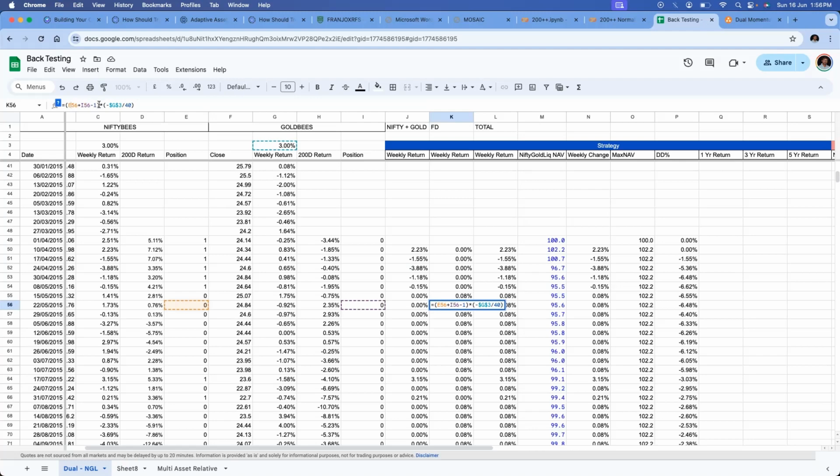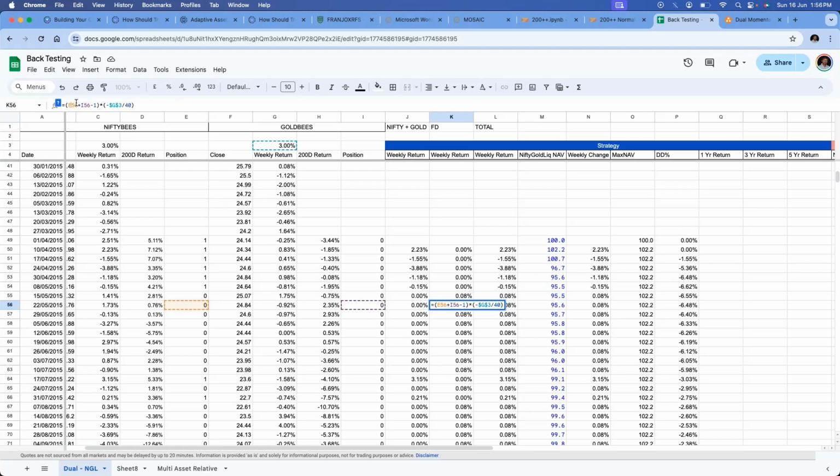And we'll multiply with the weekly return of the FD. Now this 3%, remember, is a 200-day return. To get a weekly return, we'll need to divide this 3% into 1 week unit. So for that, I'm going to divide this 3% by 40. If I divide by 40, I'll get 1 week return of the FD.